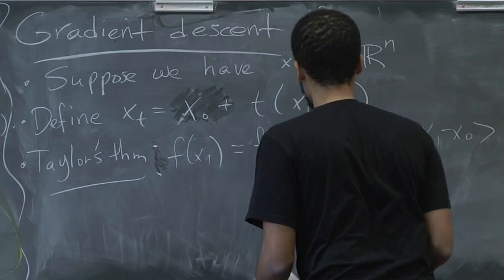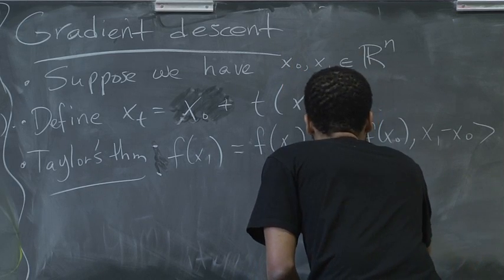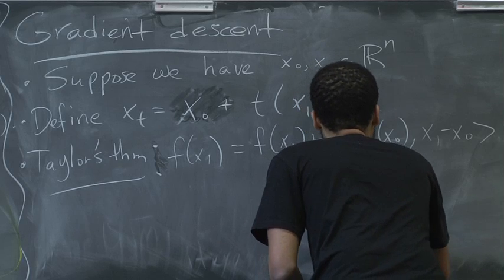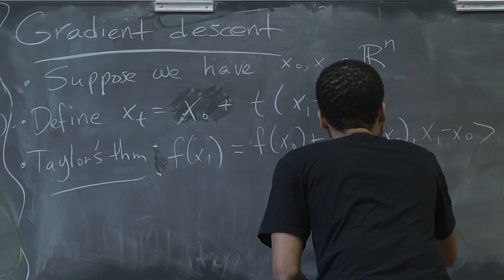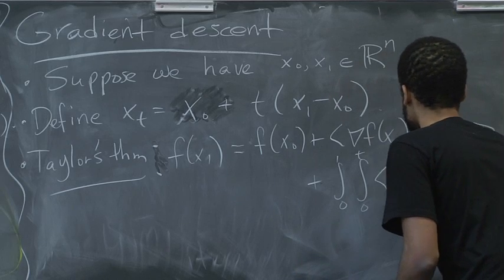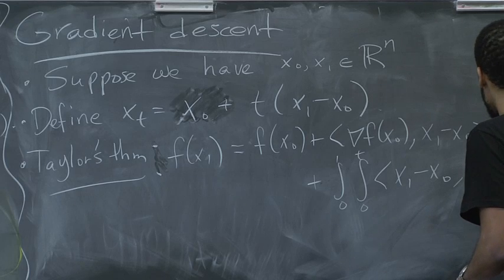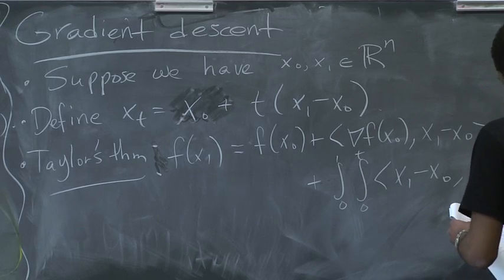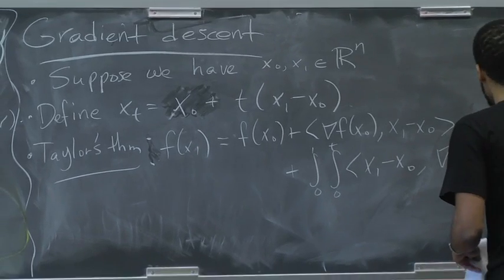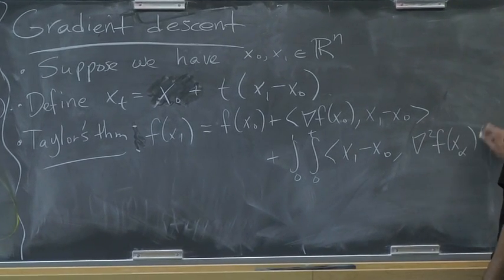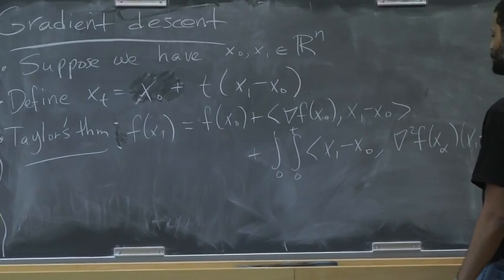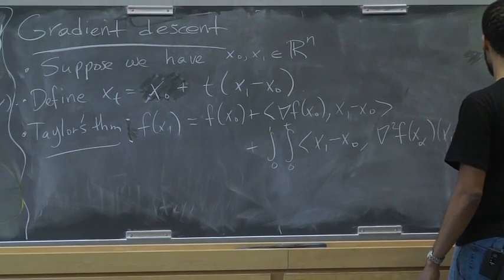If you write Taylor's theorem with remainder, this error term looks like the integral from 0 to 1, the integral from 0 to t, of x1 minus x0 times the Hessian at some x alpha times x1 minus x0, d alpha dt.